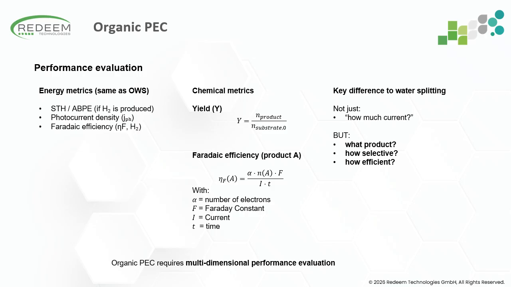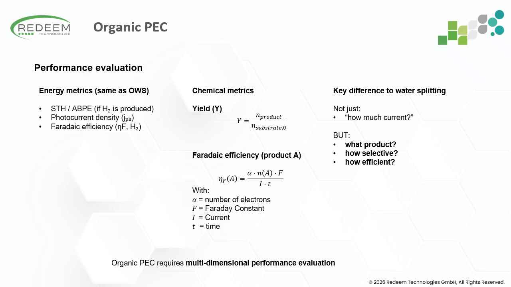These include photocurrent density, Faradaic efficiency, and if hydrogen is co-produced, then metrics such as STH or ABPE are still relevant. However, these parameters alone are no longer sufficient. A high photocurrent does not necessarily mean that the desired chemical transformation is occurring effectively. So instead, we have to introduce chemical performance metrics.